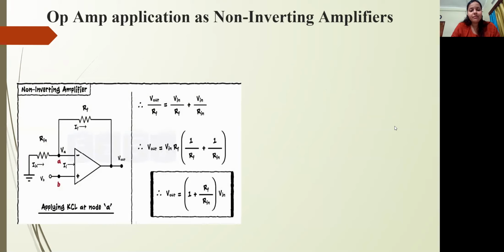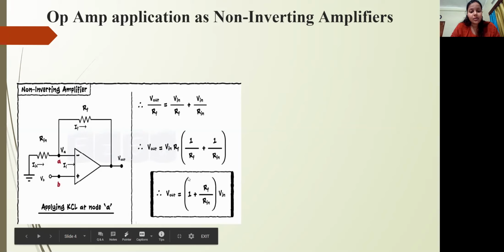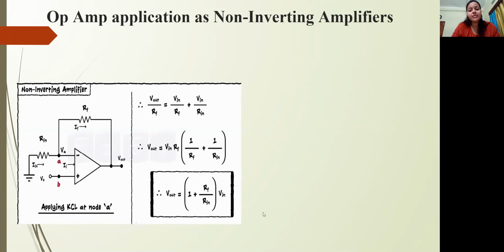Besides, you can have the gain calculation of non-inverting amplifier, and from that we can have the gain, that is V out equals 1 plus RF by RIN into V in. That is the gain of non-inverting amplifier.